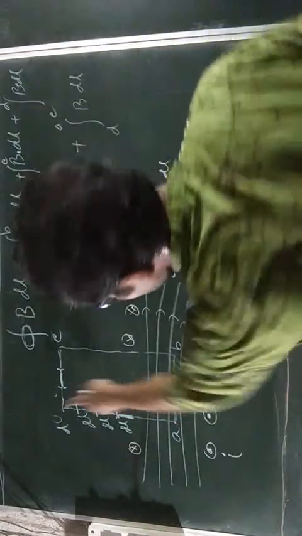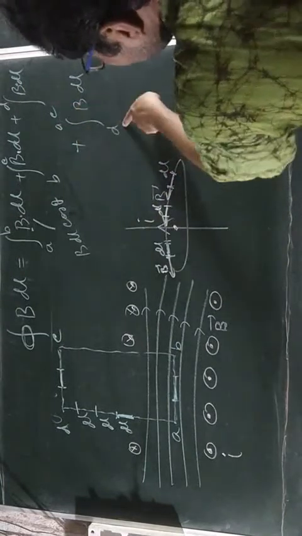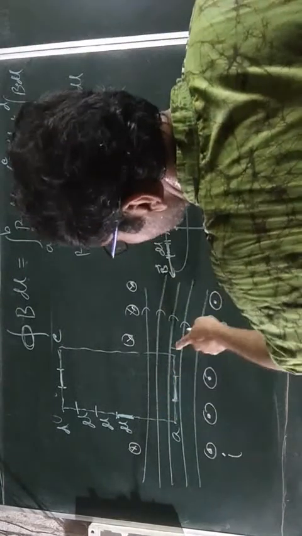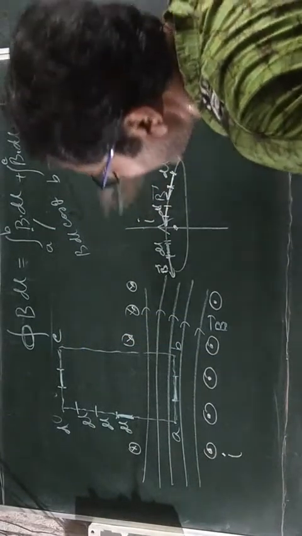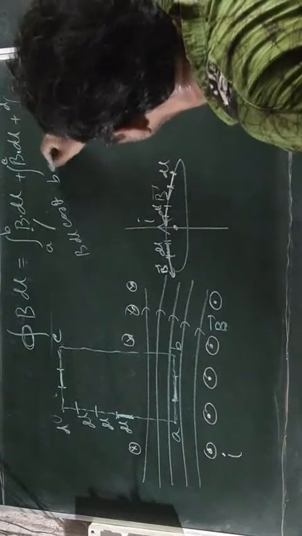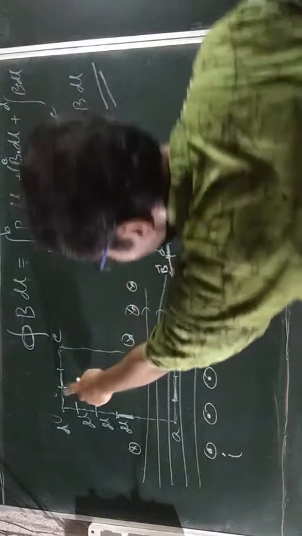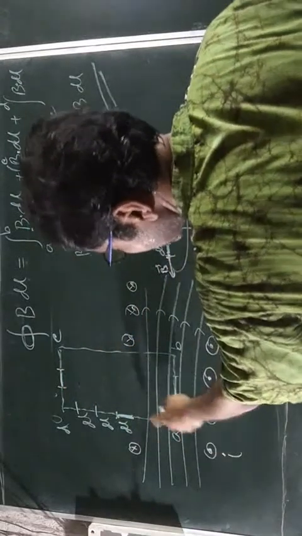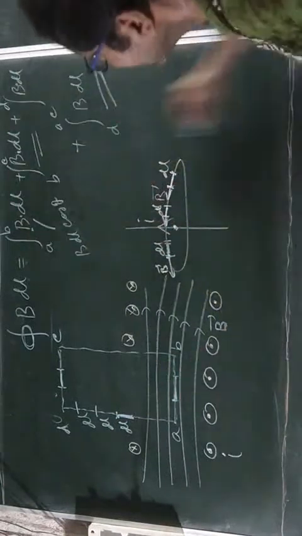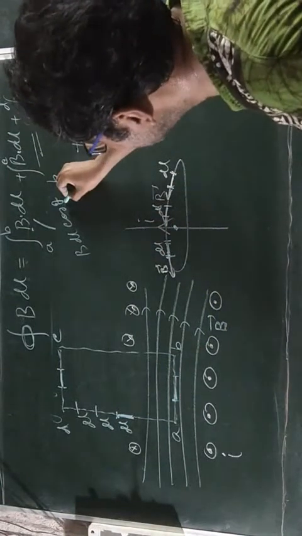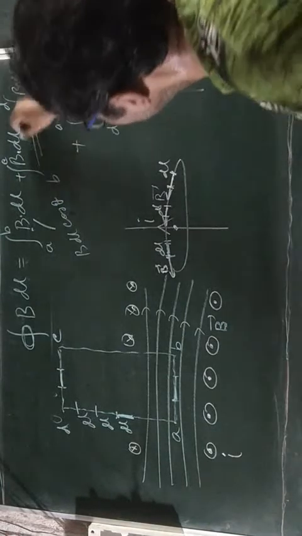Now in the case of AD and BC, for these two, the direction of dl and the direction of B are mutually perpendicular. That means cos 90, that is 0. So these two will turn to 0.